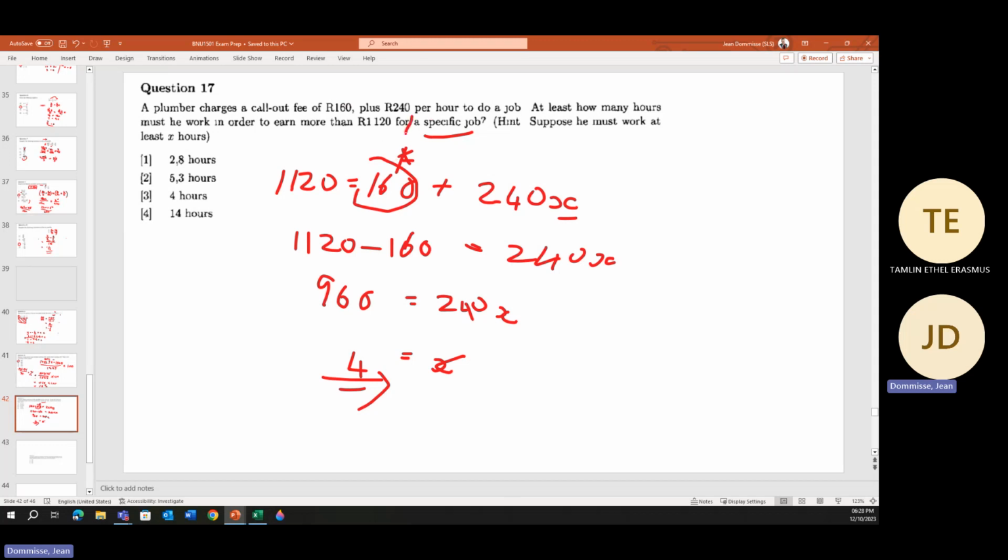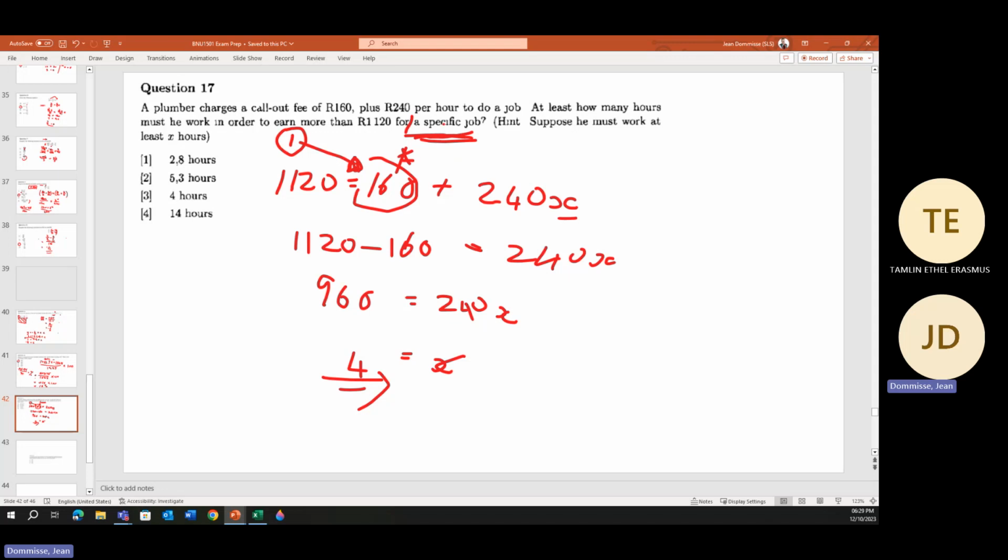So I was looking for this specific because he's only been working on 1 job. There is only 1 call out fee. So just be careful in the exam, and look for the thing that says it's only 1 job.